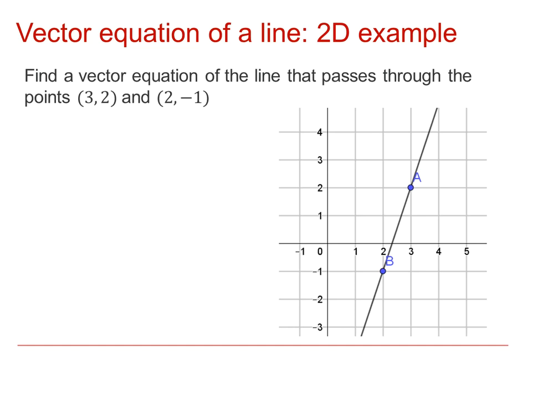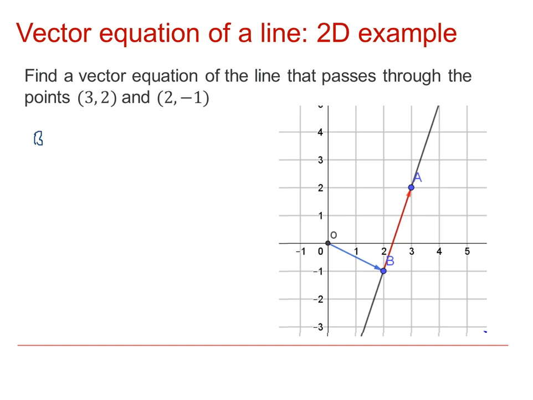We can choose either of A and B as our point on the line, and we can calculate the direction vector by taking the vector between the 2 points. So for example, we could use B as our known point and the vector from B to A as our direction.